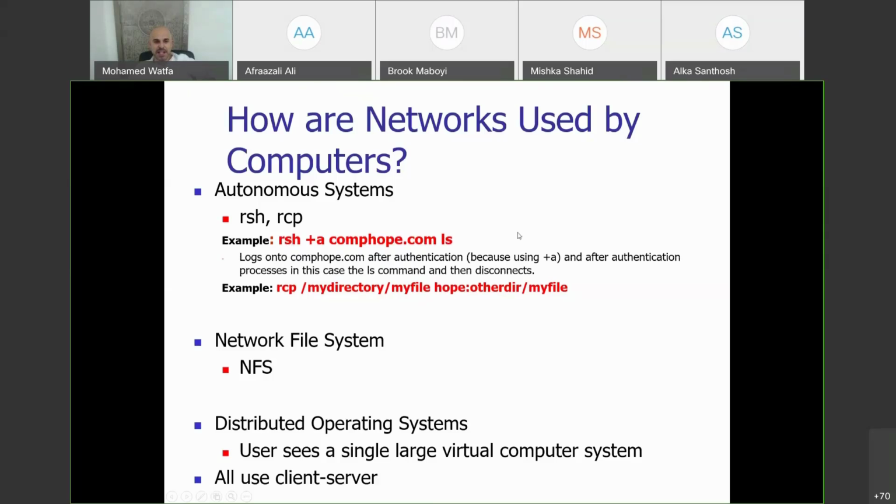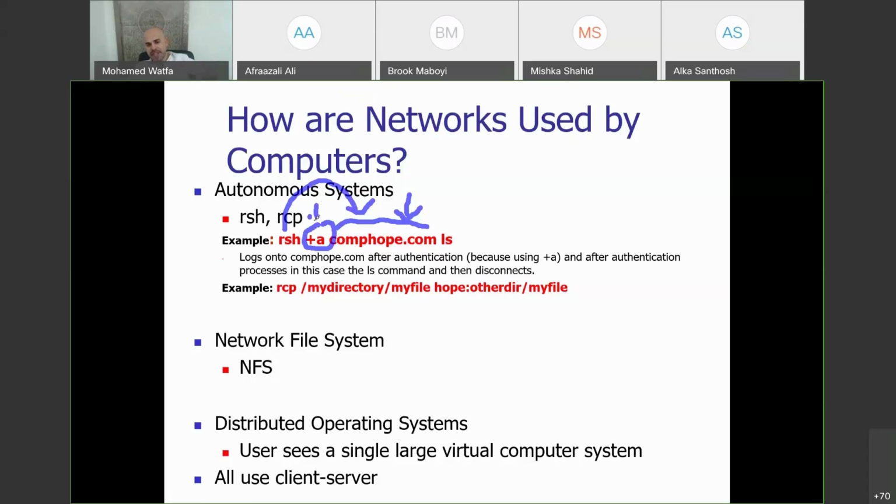So remote shell, typically. You log in to the specific computer. What this does is allow you to basically remotely log in. This is the computer name. So I'm remotely logging into this computer name with authentication. The plus A means this is the attribute. These commands have different attributes.